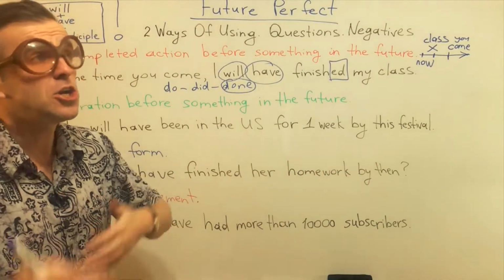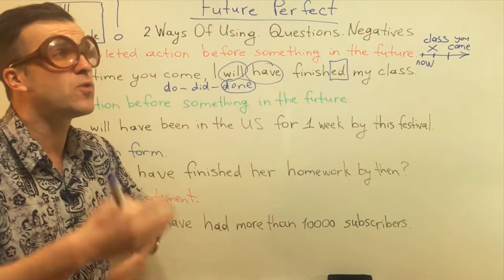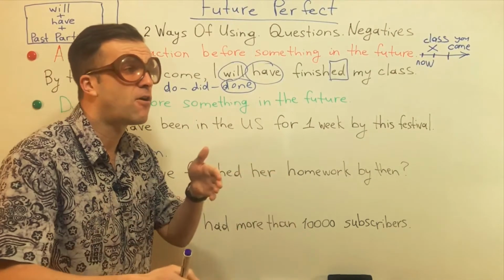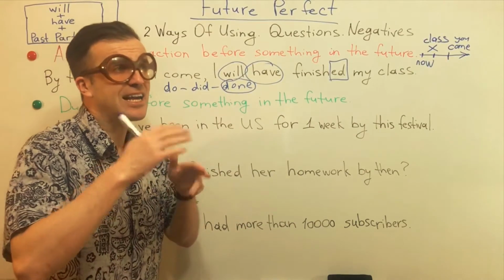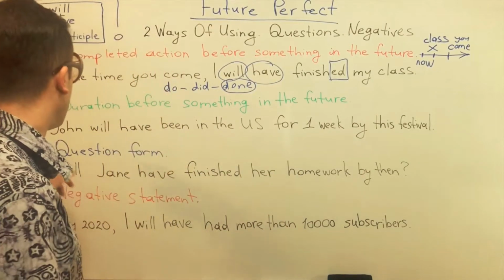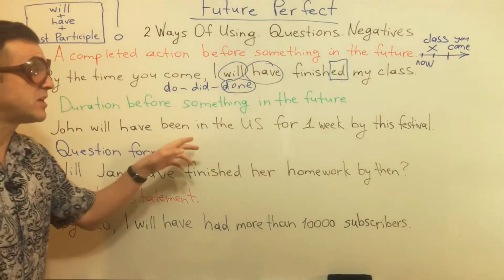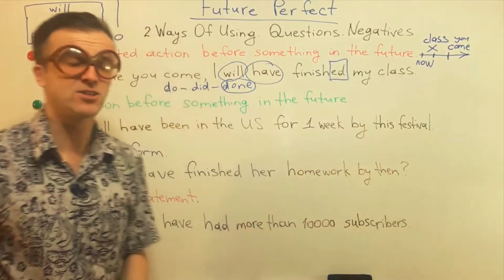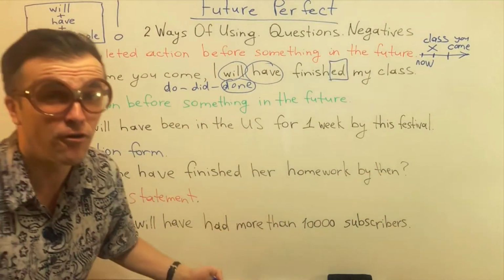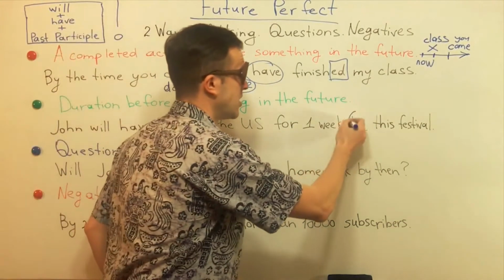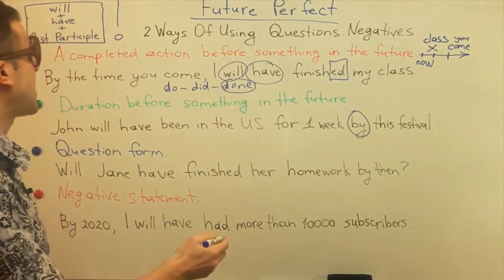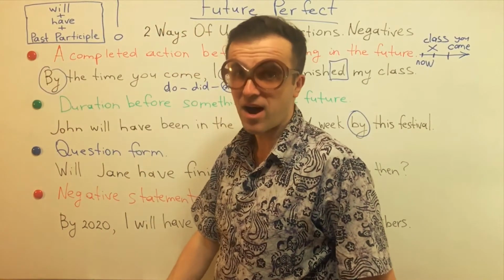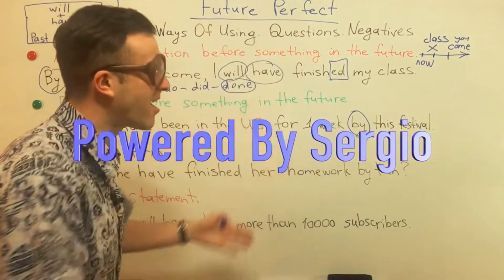So probably you will have lived, you will have been somewhere in the future before something is going to happen. For example, John will have been in the US for 1 week by the festival. So by is a marker for the future perfect. In the previous sentence we also had by. By is one of the markers.